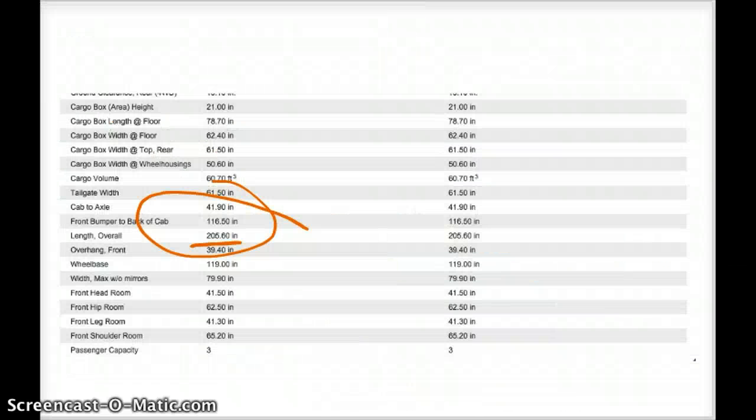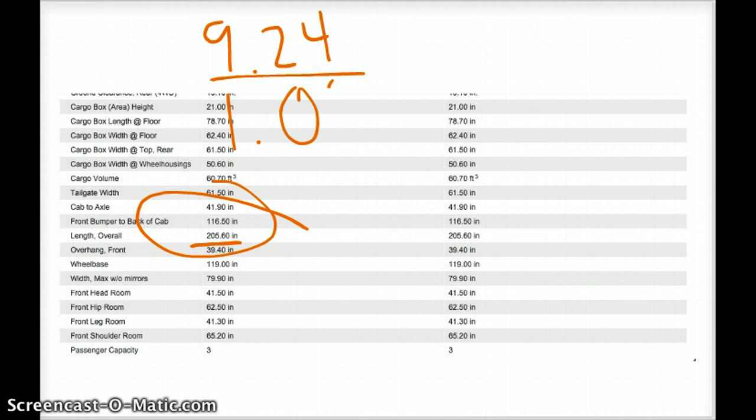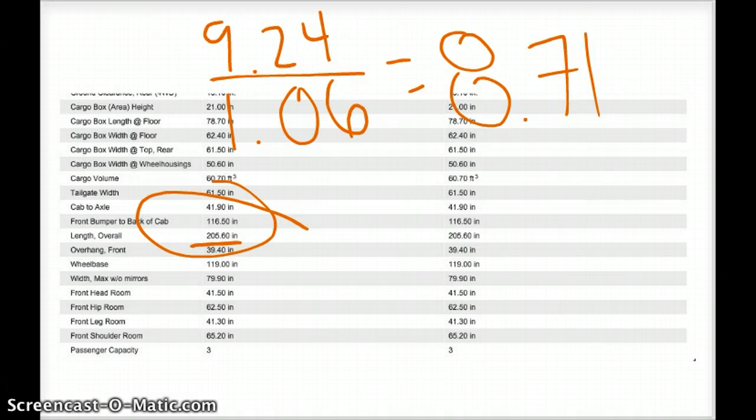So if we come over here, we say 9.24 divided by 1.06. If you give me a moment here, I'm just going to use this. So this is 8.71, and that's just simply a ratio. So that, and then the height of the truck is actually 73 inches.